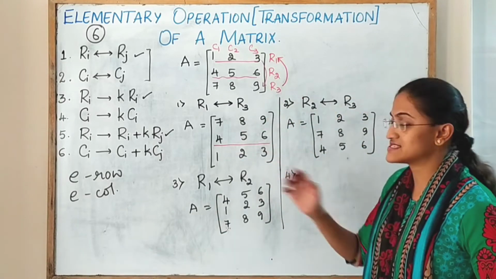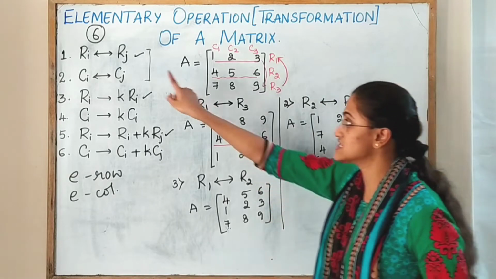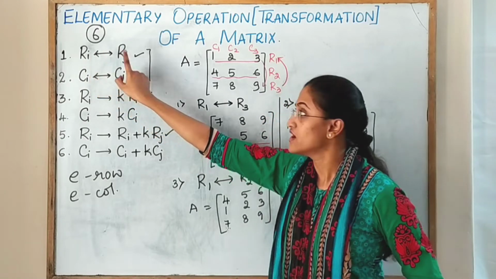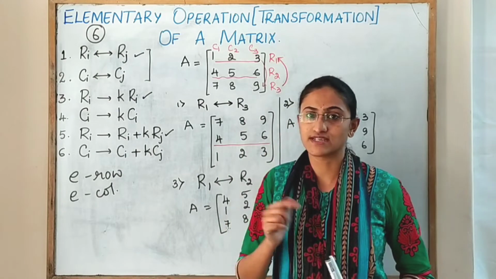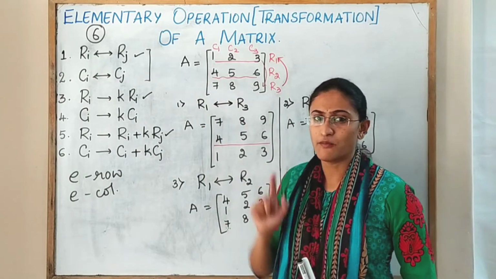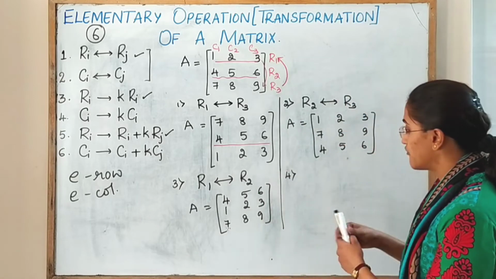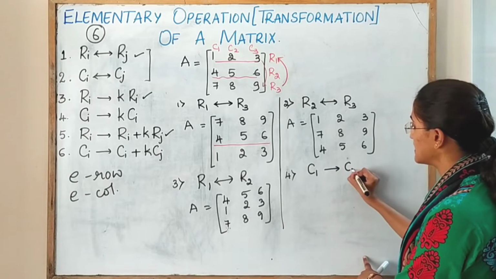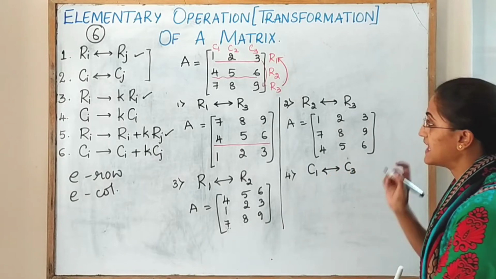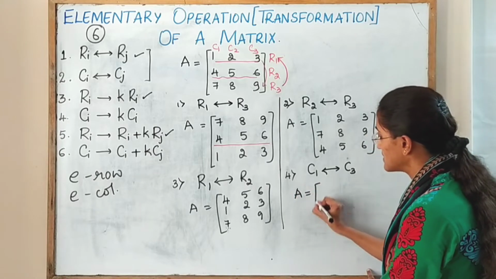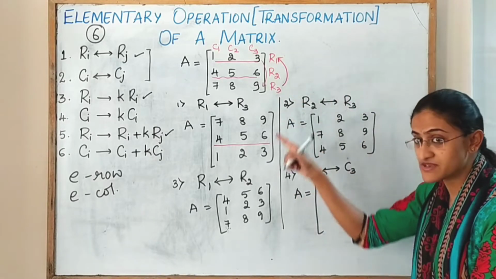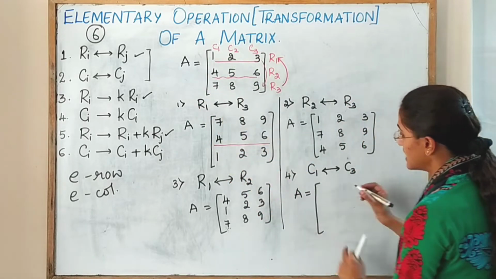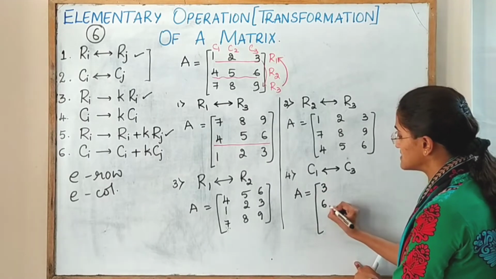These are the 3 possibilities for the row operations, that is interchanging any 2 rows. If Ri is one row and Rj is another row, then we can interchange any 2 rows at a time. Then for the column operations, you can do in the similar pattern. For example, if I am willing to change C1 column to C3 and C3 column to C1, then in our new matrix the second column remains as it is, only the first column and the third column will be interchanged, and hence the new matrix will be 3, 6, 9.